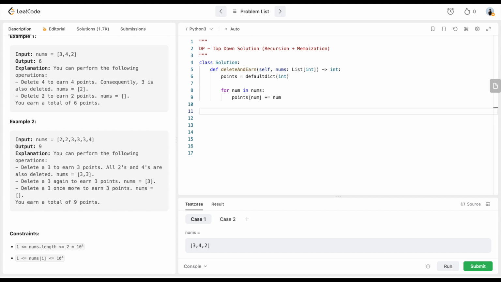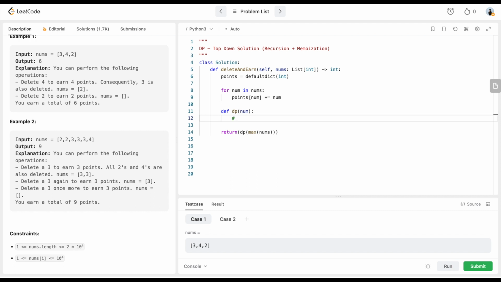Then we can start writing our dynamic programming function. We'll take a number and we can feed it the maximum number in our list, the highest number, so that it can go top down backwards. We return dp(max(nums)).